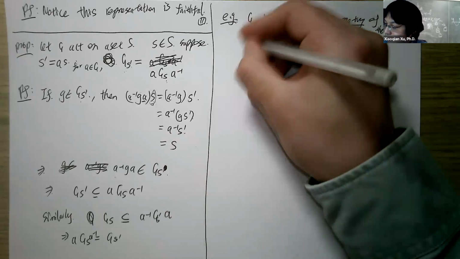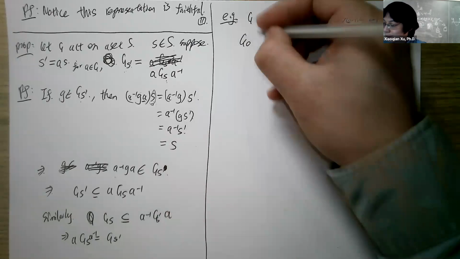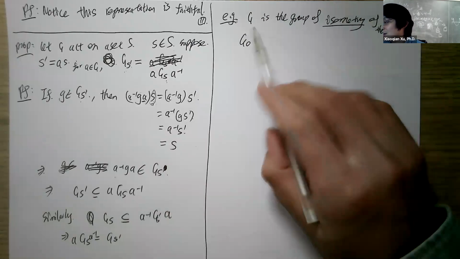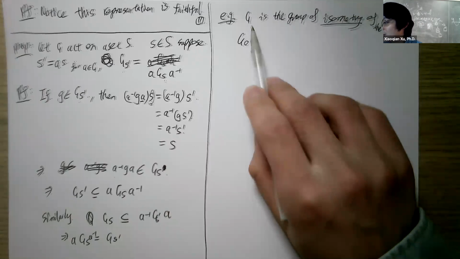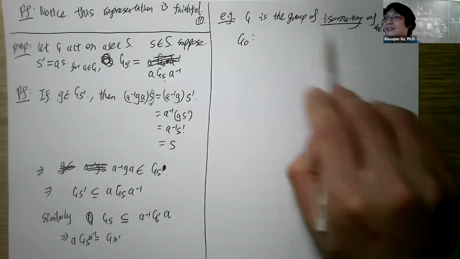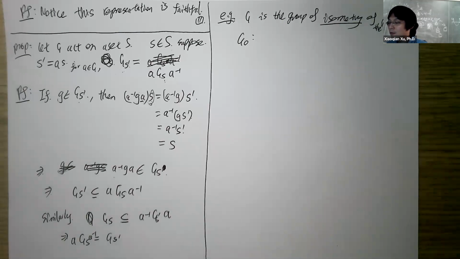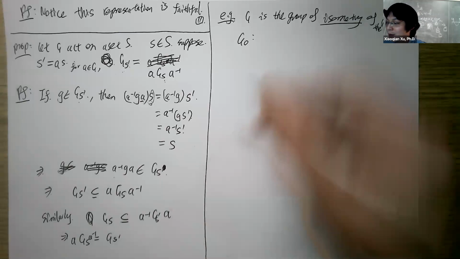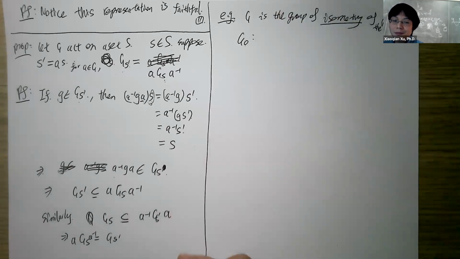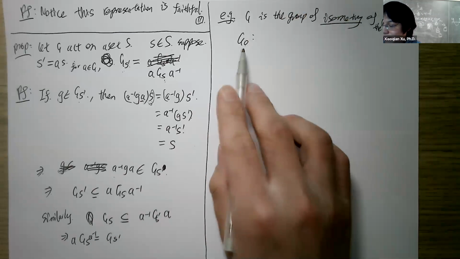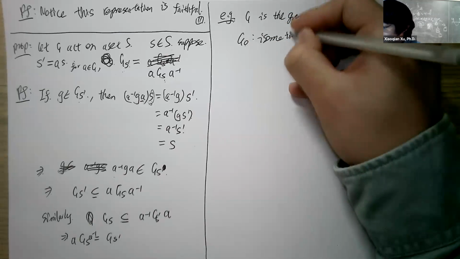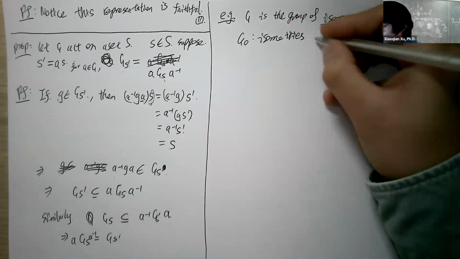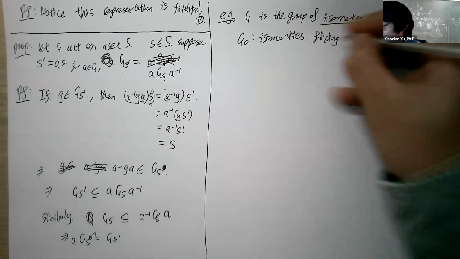Then let's say G0, because you can see it as a group action. G, the group of isometry, can be seen as this group acting on R2. Then G0 is a stabilizer of 0, which is the isometry fixing the origin.